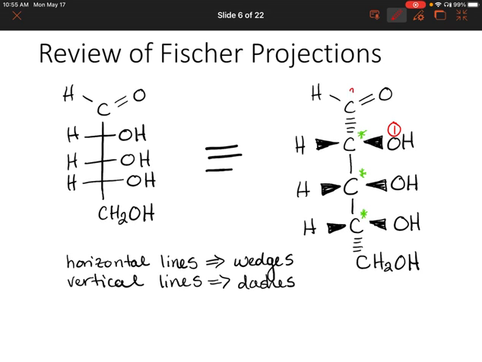So the carbon above would have second priority, the carbon below would have third, and of course hydrogen is our fourth priority group. So if we draw a circle from 1 to 2 to 3, is that going to the right or the left? The left. So this would be S, but hydrogen is coming out towards us, so we have to actually flip that to R. So the first stereocenter is R.